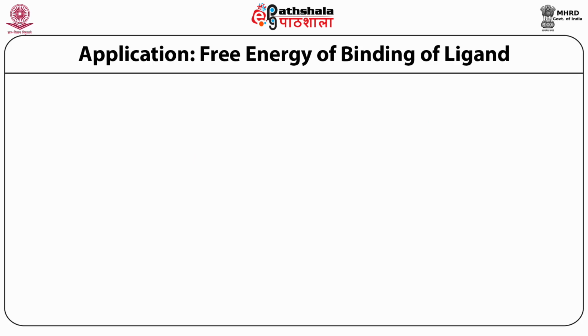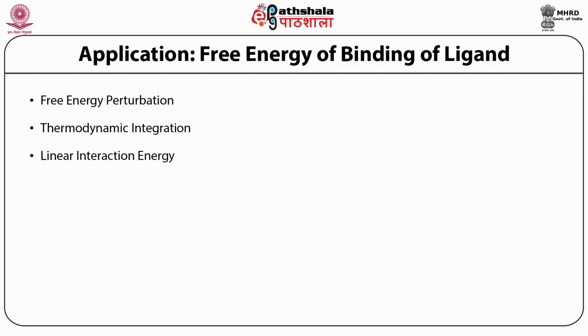One important application of MD simulation is estimation of free energy of binding of ligands. This is done by many methods like free energy perturbation, thermodynamic integration, linear interaction energy, molecular mechanics based Poisson-Boltzmann surface area methods and molecular mechanics based GBSA method. Free energy perturbation and thermodynamic integration methods are time intensive, but they are more accurate, while molecular mechanics based PBSA and GBSA methods are faster but less accurate because PBSA and GBSA methods are using implicit solvent models.